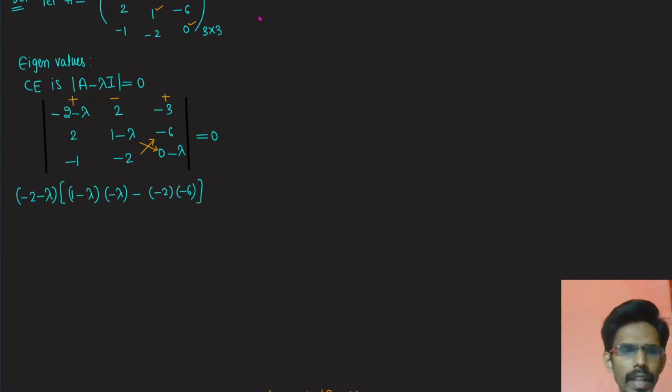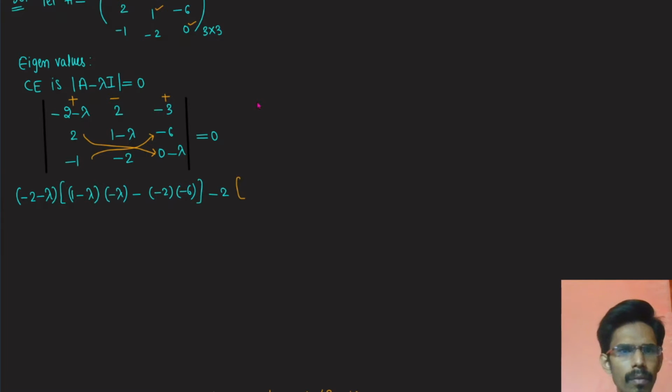Now write down the second element of the first row, that is 2. Now leave the first row and the second column. Then we have four elements. Now apply AD minus BC to these four elements.